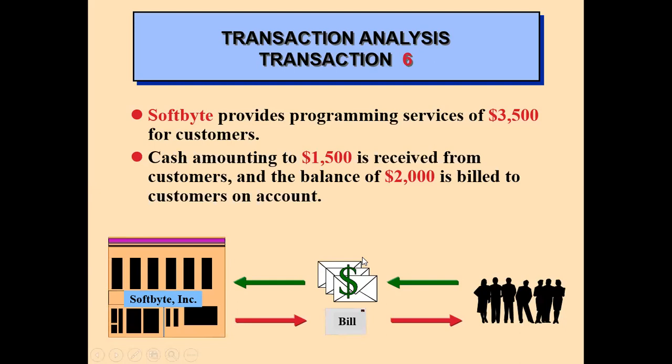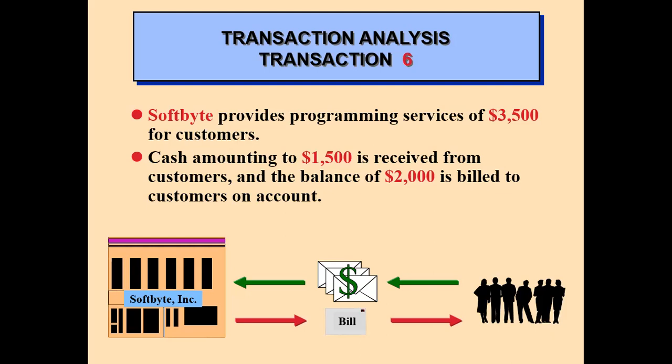The next, ShopBite provides programming services of 3,500 taka for customer. Among this 3,500 taka, cash 1,500 taka is received from customer, and the balance 2,000 is billed to customer on account. So we provide services, and on behalf of that, we'll receive the money.